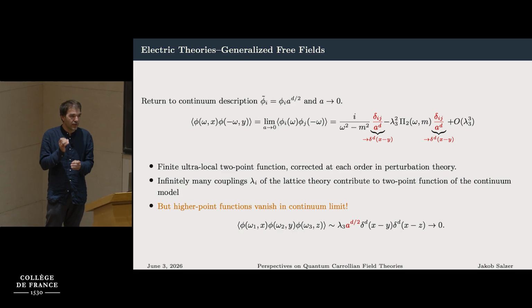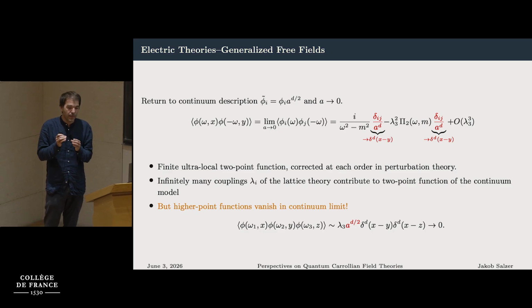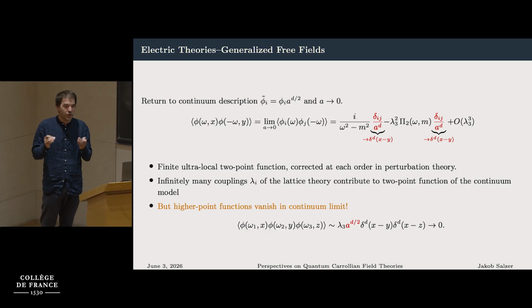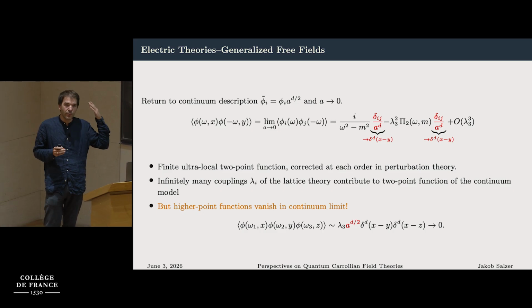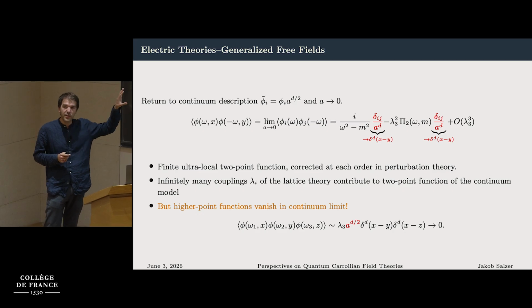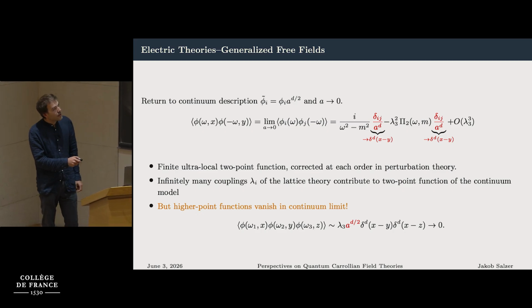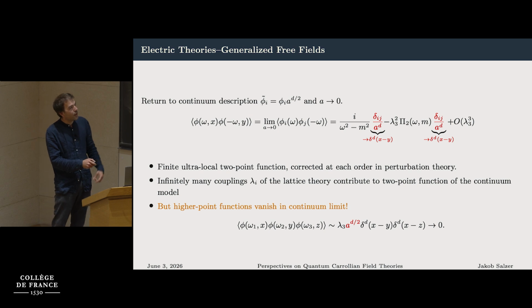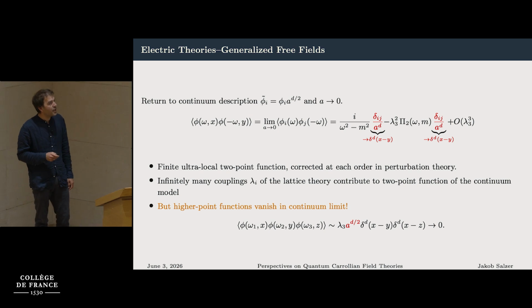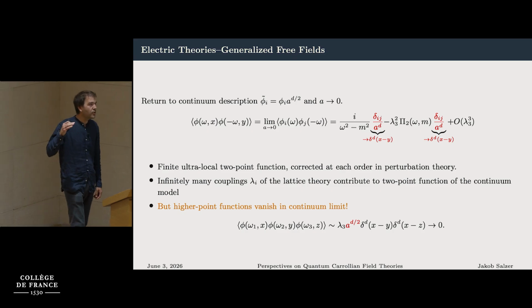This gives you some distribution. Some spatial part has this distributional dependence, precisely what we saw in the Carrollian CFT case. And it will have some u dependence. Similarly, if you have a cubic coupling, this will get corrected in perturbation theory. So indeed, we get a finite ultra-local 2-point function corrected at each order in perturbation theory.